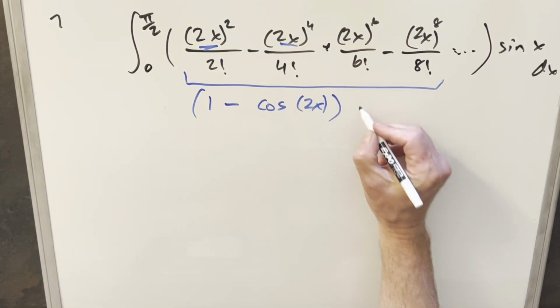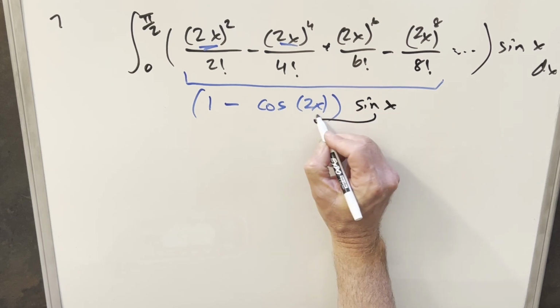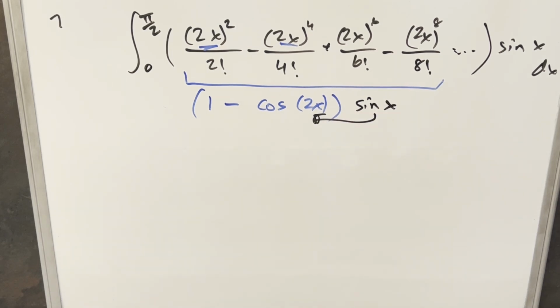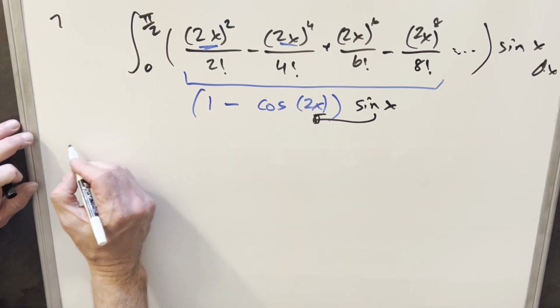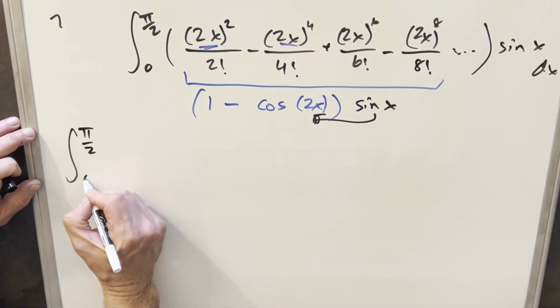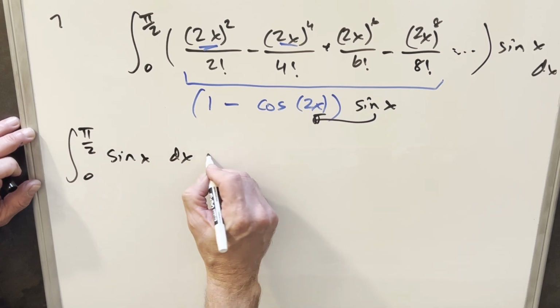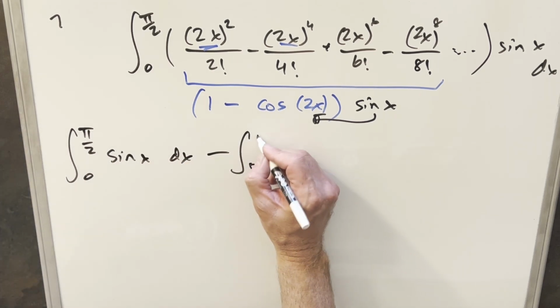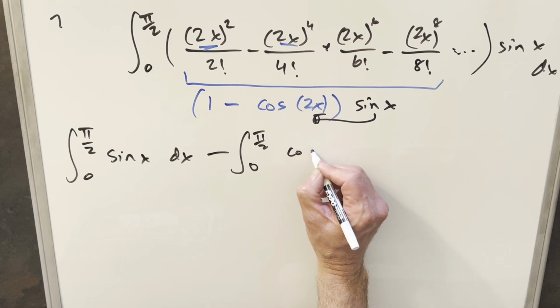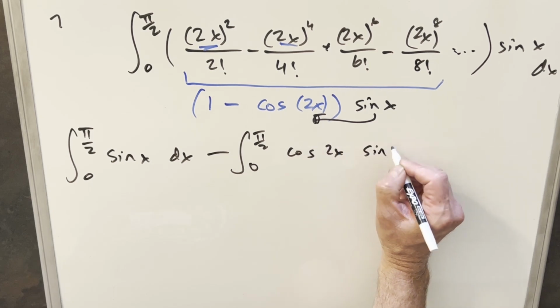So if this is 1 minus cosine 2x, this isn't too bad. We have sine x here, and I can just distribute this in and rewrite it. So what's going to happen when I do that? We're integrating 0 to pi over 2 of sine x dx, distribute in the minus sine, and this becomes cosine 2x sine x.